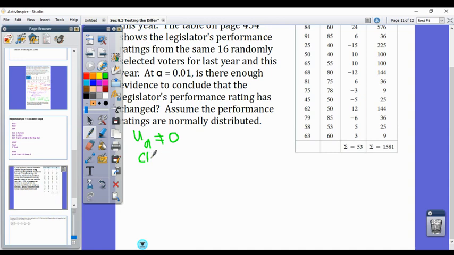The claim is that there is a difference, and so therefore the difference is not equal to 0.